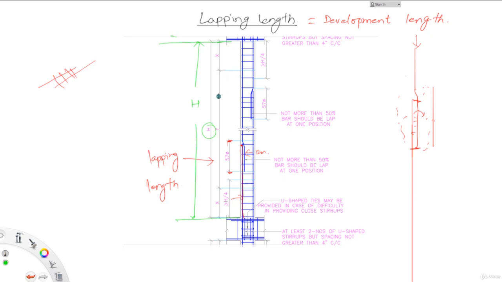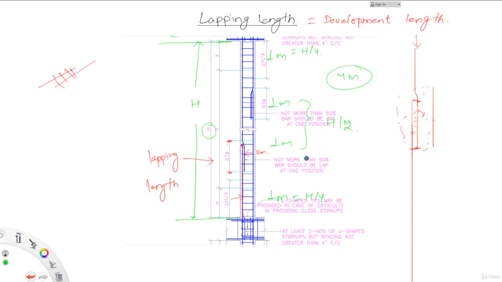Let's say that if this height is equal to 4 meters, then there are 4 equal regions of 1 meter each. So this is my H by 4, this is also my H by 4, and these two combined give me H by 2.